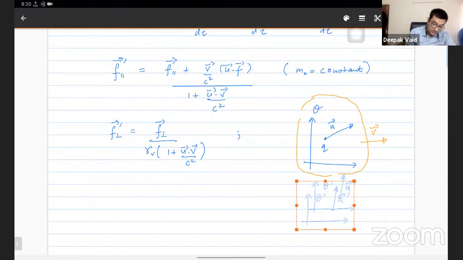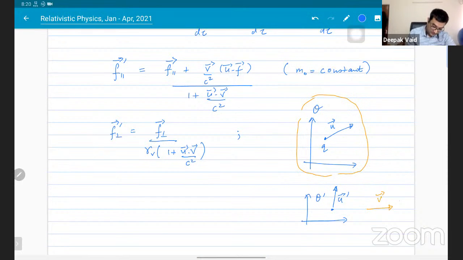Or, I always get my relative signs wrong. It's the velocity of the other frame of reference, the O prime frame of reference, with respect to O. Otherwise, you get a different sign in these expressions. Right.